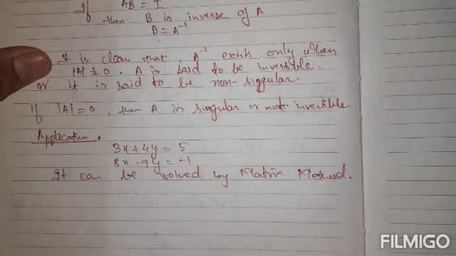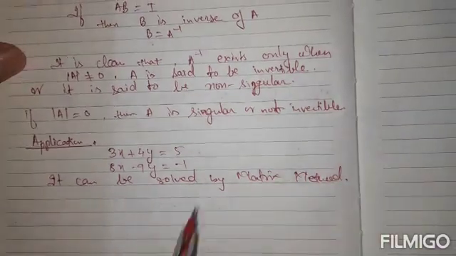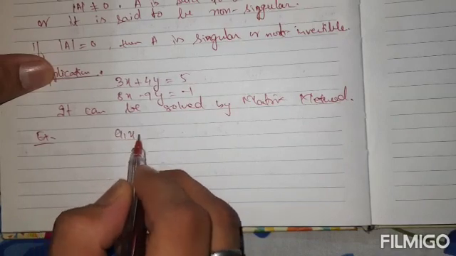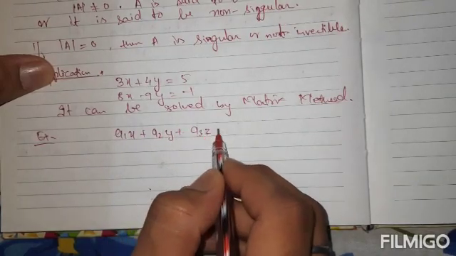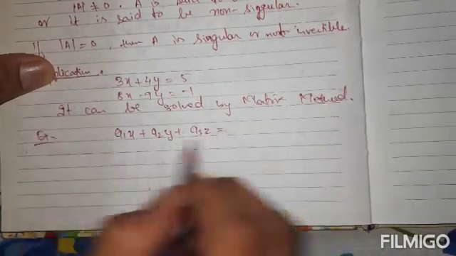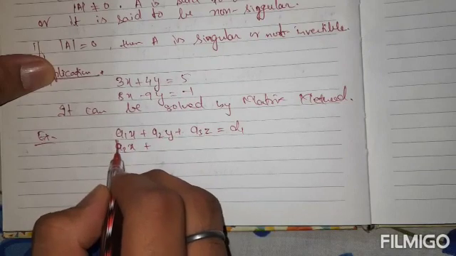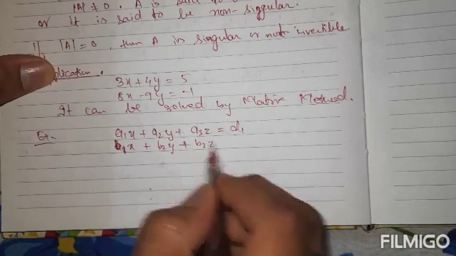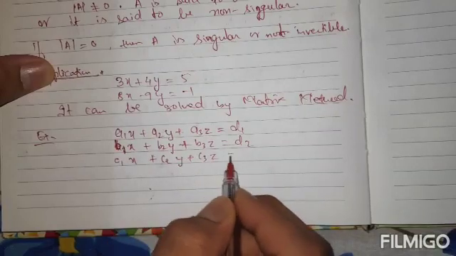And if there are linear equations in 3 variables, for solving for the variables we need 3 equations also, like this one. For example, for 3 by 3: a1x plus a2y plus a3z is equal to d1, b1x plus b2y plus b3z is equal to d2, and c1x plus c2y plus c3z is equal to d3.